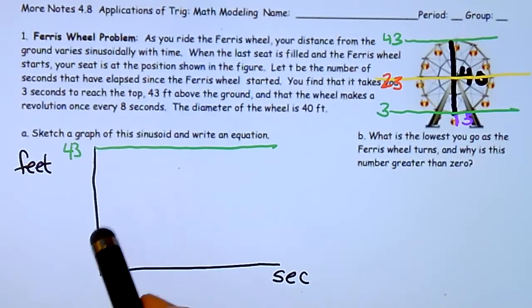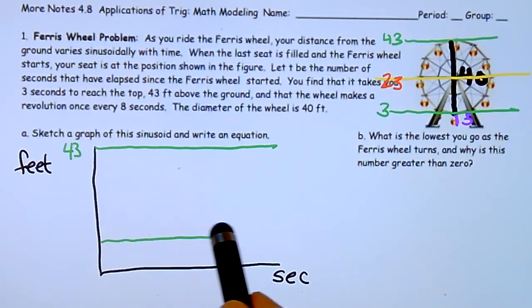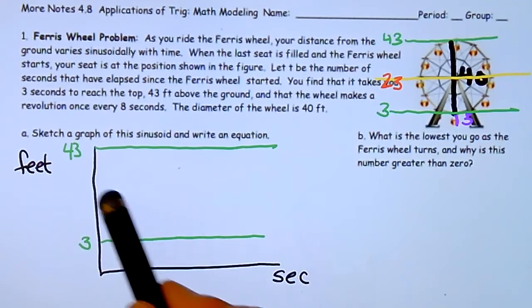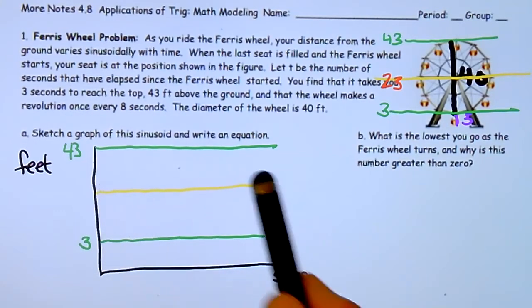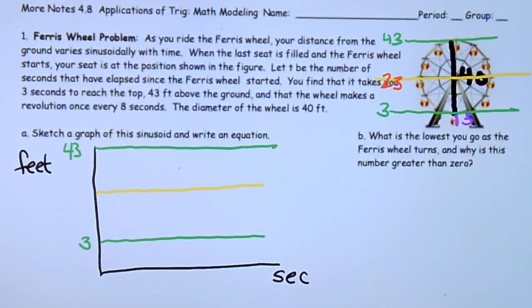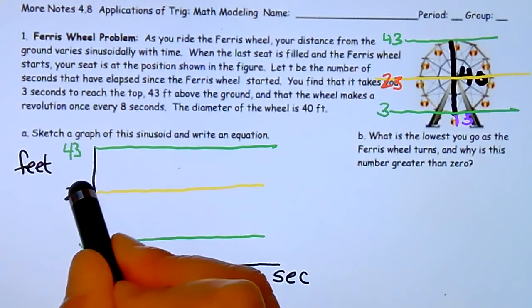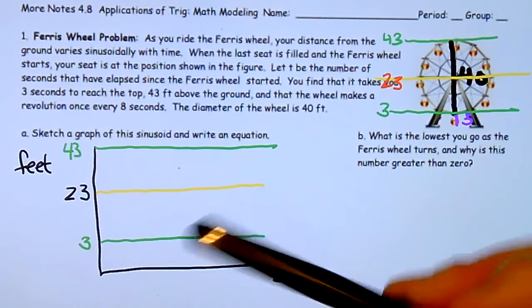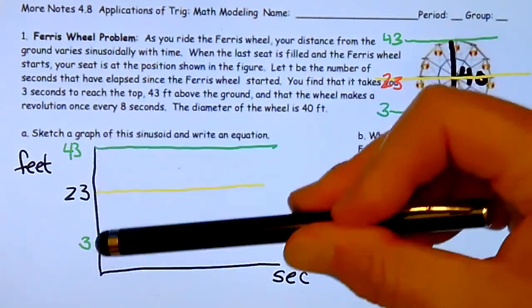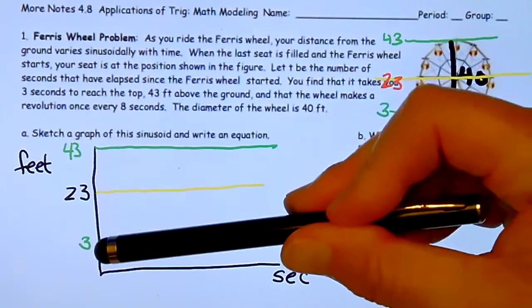I'm going to draw it above a little so I have some room to write my numbers. My center is at 23. Again, this will be my vertical shift. My amplitude is going to be 20.